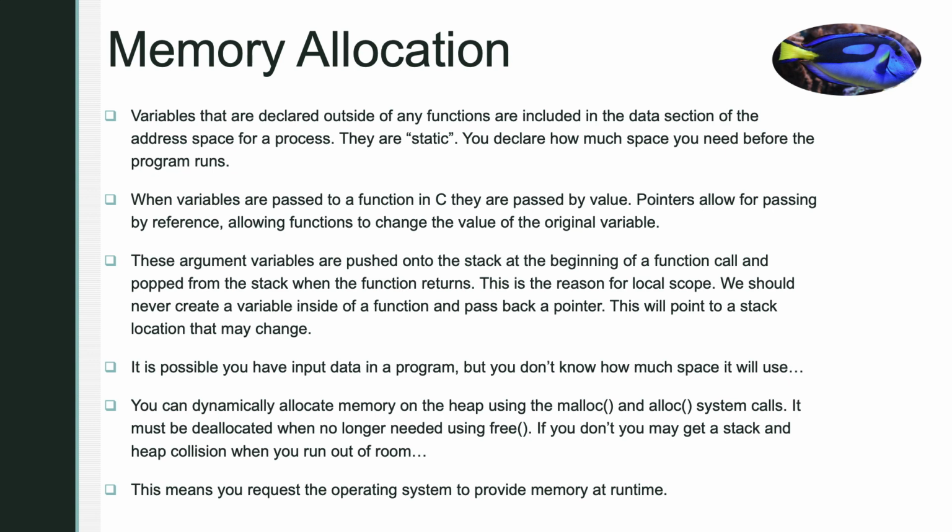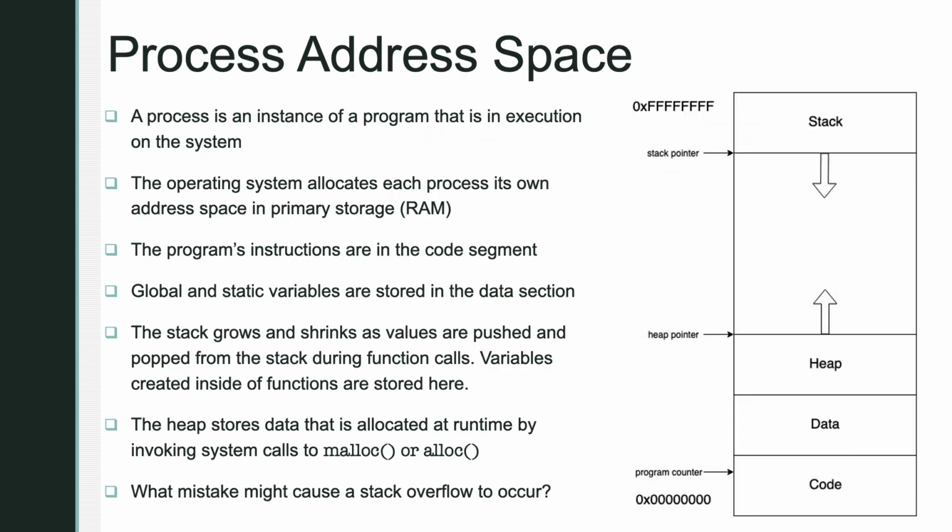But we can allocate memory on the heap inside of a function and pass back a pointer to it, because if we get a pointer to some allocated memory on the heap, it's still there when we return from the function. So if we have a pointer to it, we can access it. So this is okay.